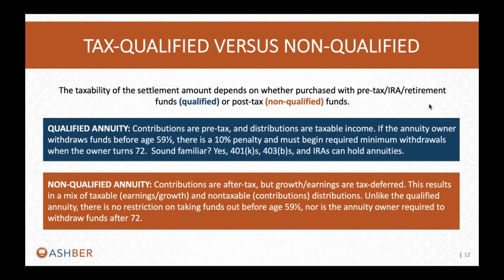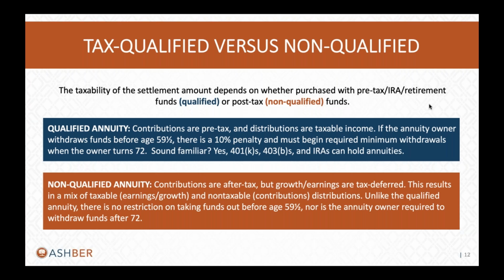So from a tax standpoint, annuities can be considered qualified annuities, which means that the contributions made into the annuity initially were pre-tax dollars. And so when the money is withdrawn or if it is annuitized, all of that money is going to be considered taxable because the contributions were pre-tax funds.